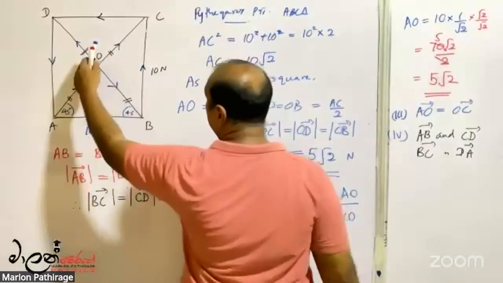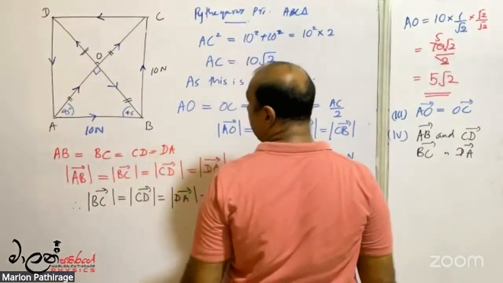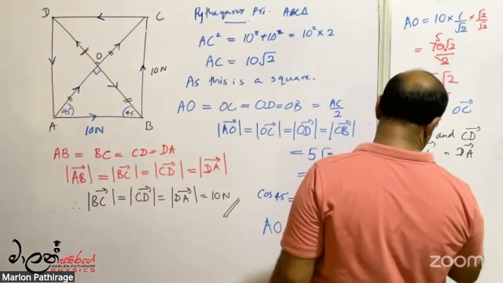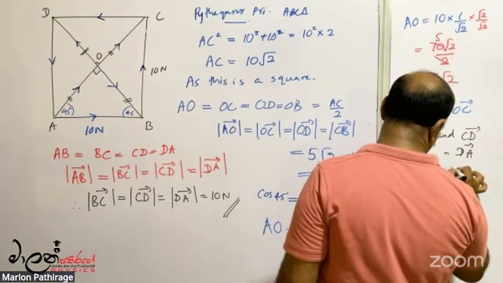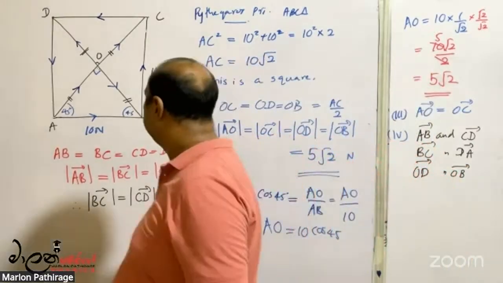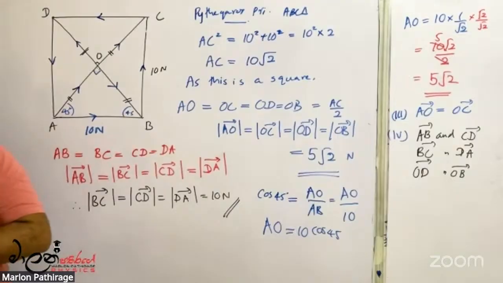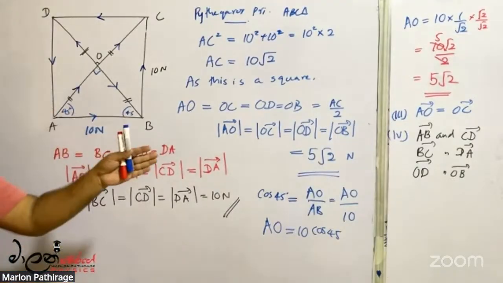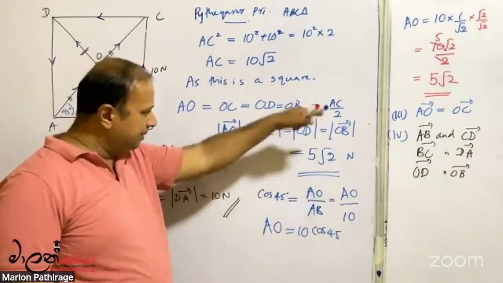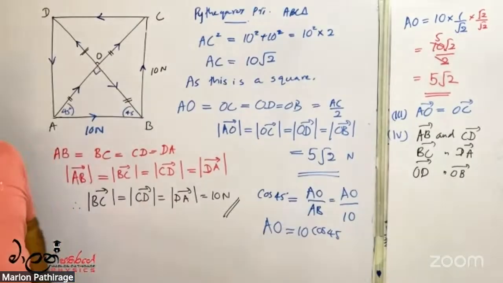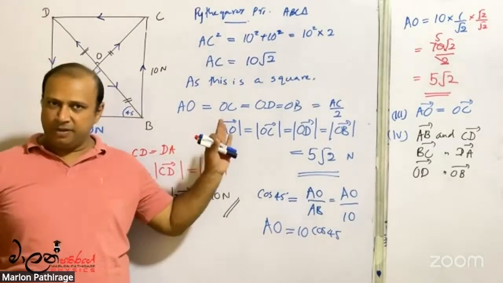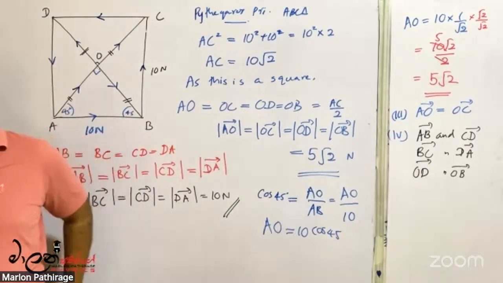Then OD vector and OB vector. Those are negative vector pairs. The third one is the equal vector pair. Okay. Did you get my explanation? Tena? Okay.